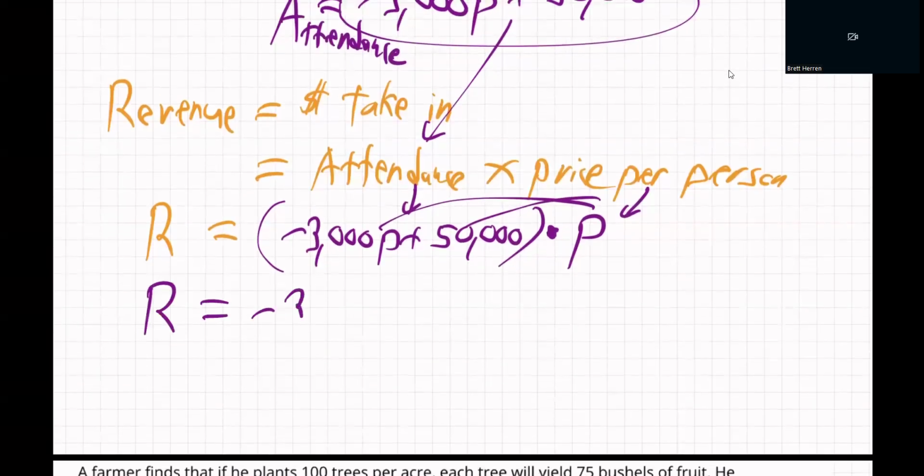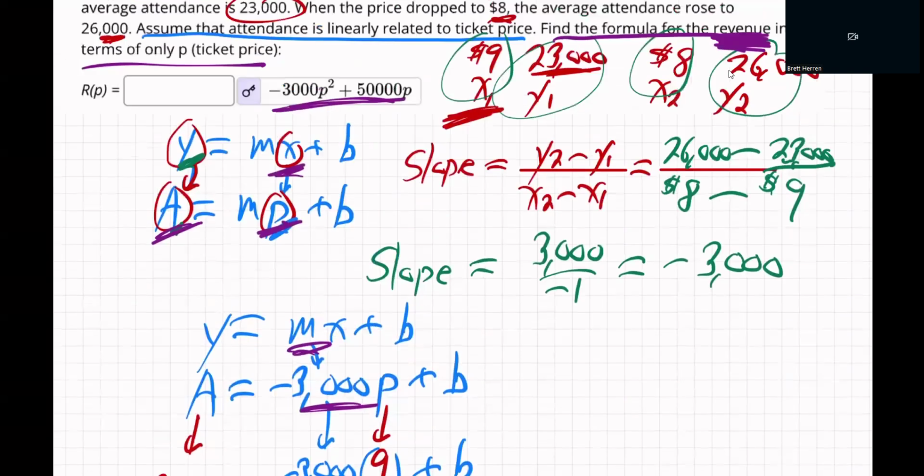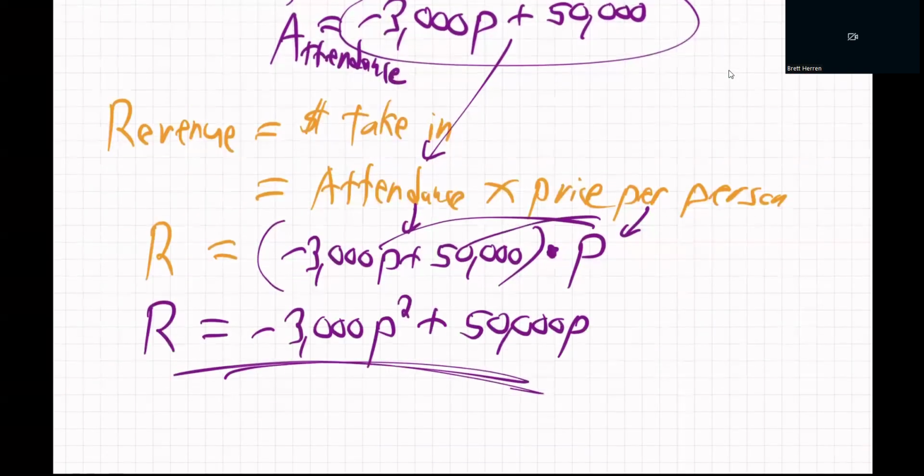Revenue equals minus 3,000 P squared plus 50,000 P, right? That's right. There we go. We found revenue in terms of price.